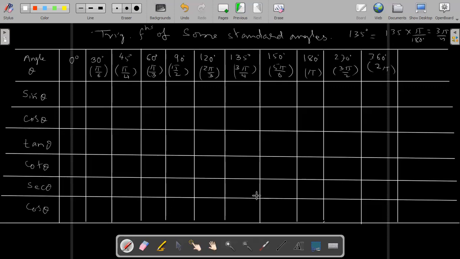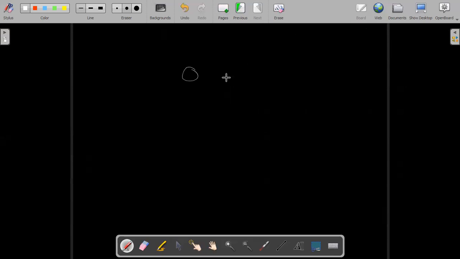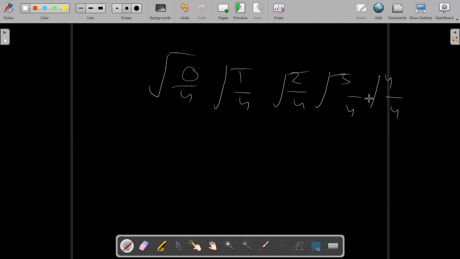So now you know, I told you how to remember the values. Do you remember that I told you how to remember the values of sine? You can write 0, 1, 2, 3, 4. Each value is divided by 4 and put root on each value and solve them.